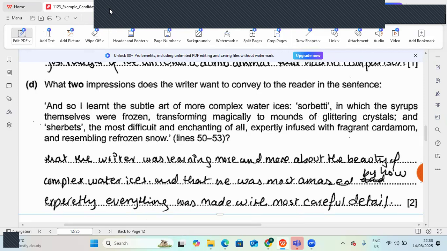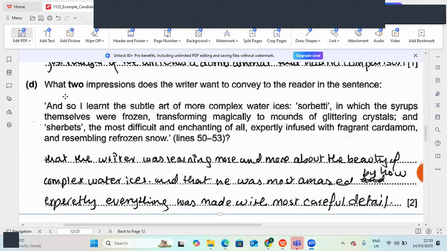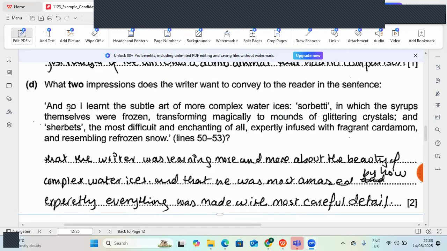Look at the question: what two impressions does the writer want to convey to the reader in the sentence? What is the meaning of the word impression? What they want the reader to think? Okay, how are we defined?